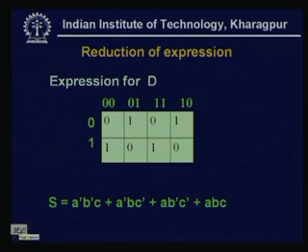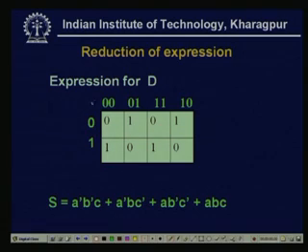Now, see if we draw that, there are 3 inputs. So, these are my A B, this is C. So, 0 0 1, this is my 1, then this is 0 1 0, this is 2, this is 1 0 0, 4, and this is 7.